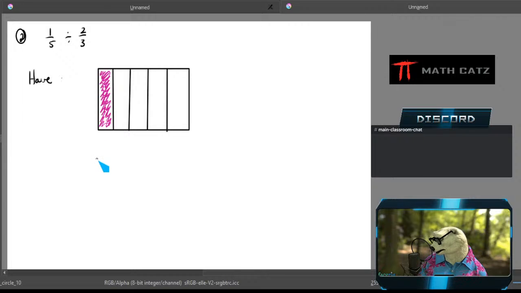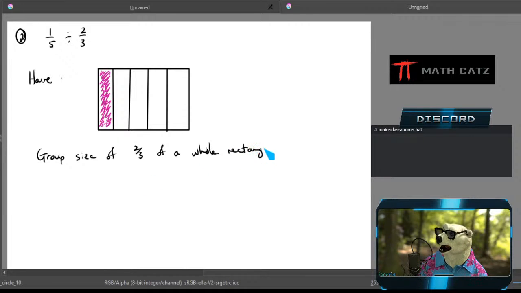All right. So now, understanding what the division is instructing me to do, I need to look at group size of 2/3 of a, oopsie, a whole rectangle. Let's emphasize rectangle. That means 2 of 3 rows. Oh, it's 2/3 again.